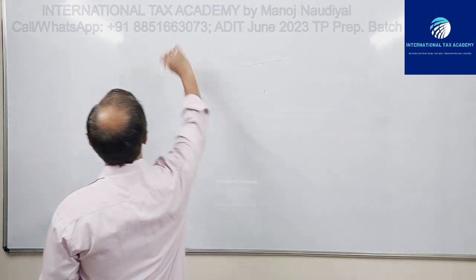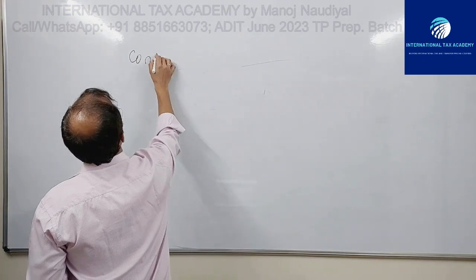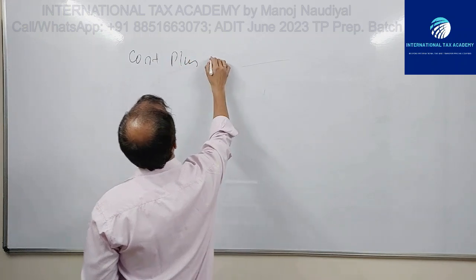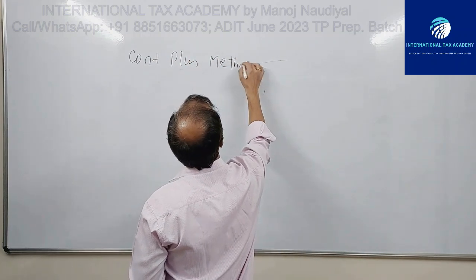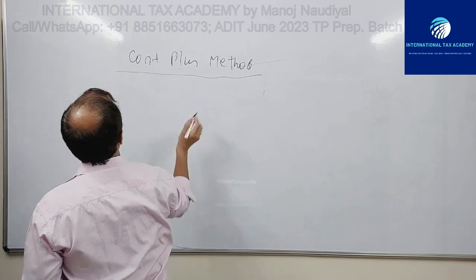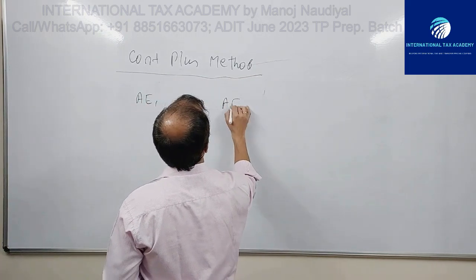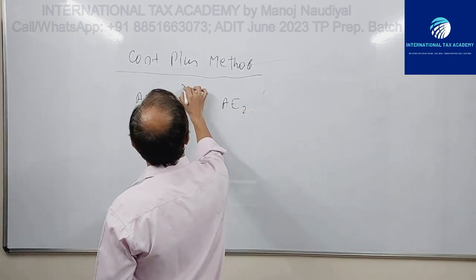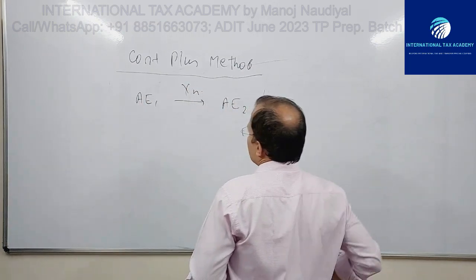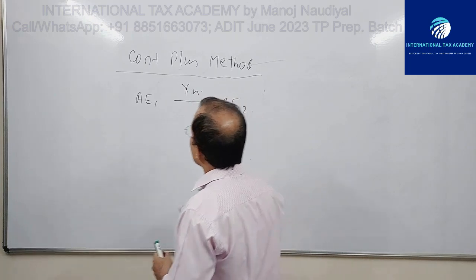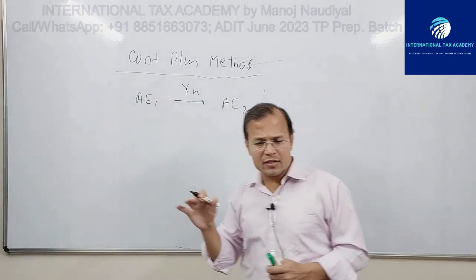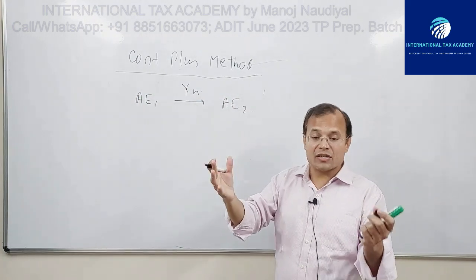So you have the cost plus method. So you have AE1, you have AE2. This is the control transaction, and AE1 is manufacturing certain items.